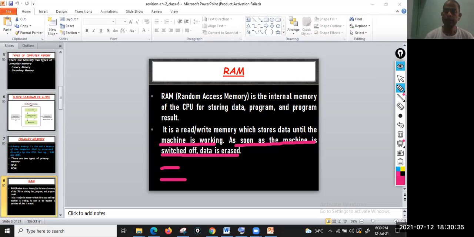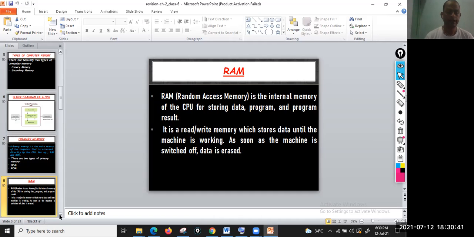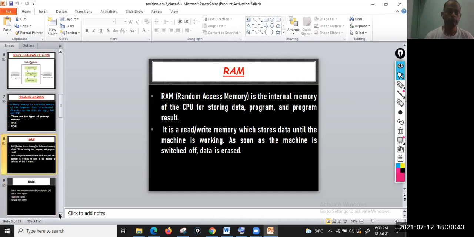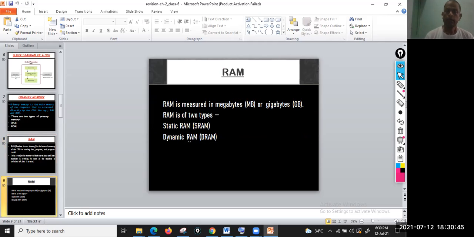Also, RAM is measured in megabytes or gigabytes.